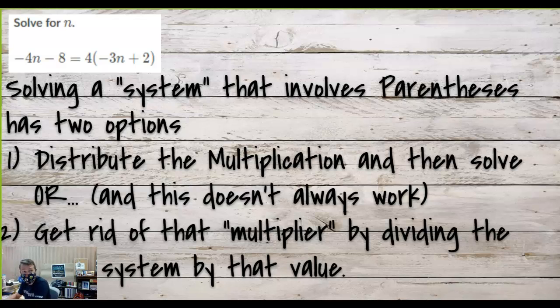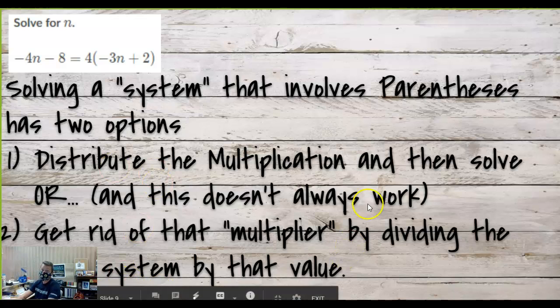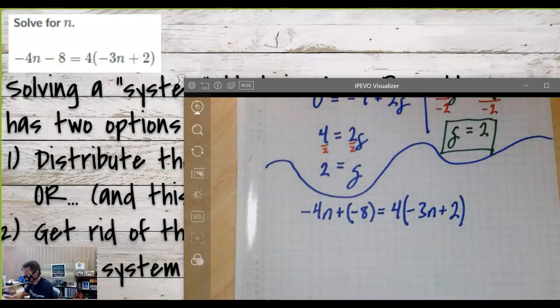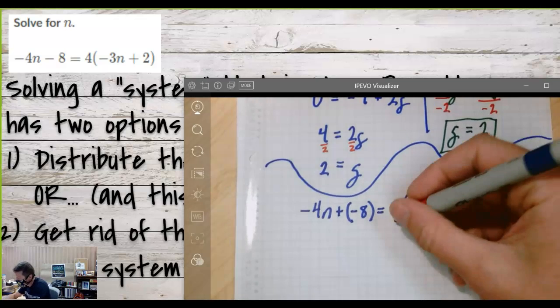So instead of writing -8, I'm going to do plus negative. So I will go ahead and show my screen since I'm telling you to take option 2. Option 2 would be we divide by 4.